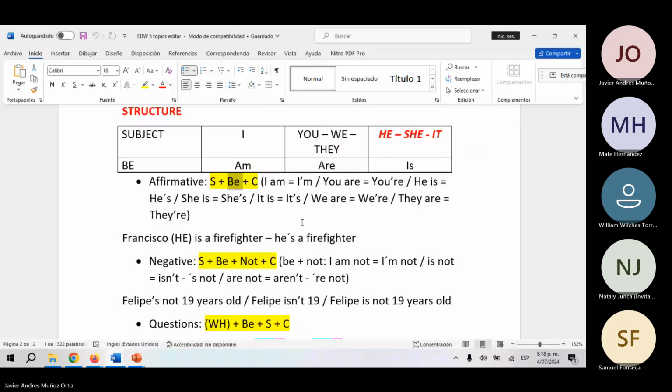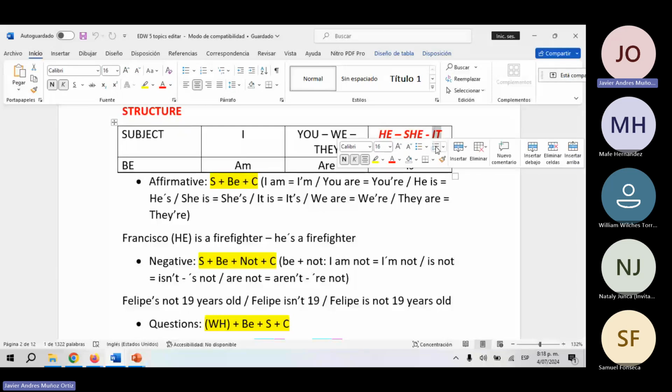So the same structure in Spanish is the structure in English. Exactly the same. Taking into account that verb to be is conjugated as am for I, is for Mariana, Santiago, and the dog, he, she, it, and is conjugated as are for every plural subject. That's all you need to remember.